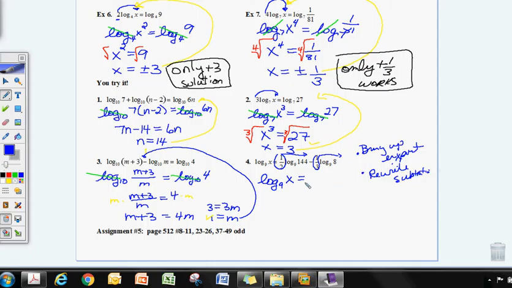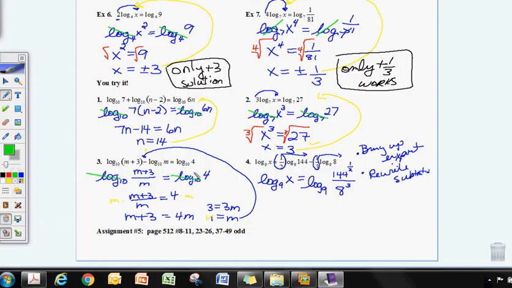Okay, so this is going to become log base 9 of, you ready? 144 to the 1/2 power all over 8 to the 3rd power.